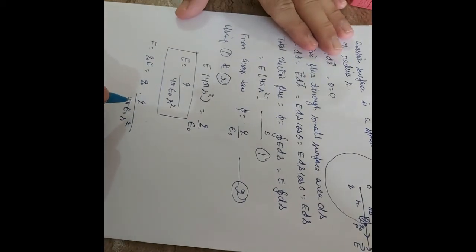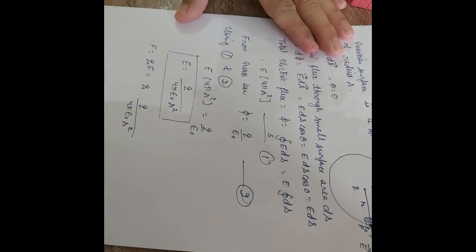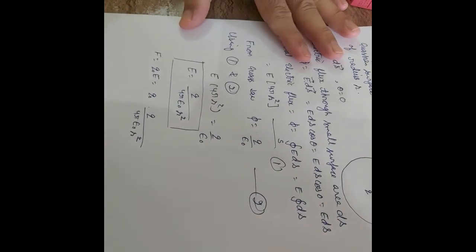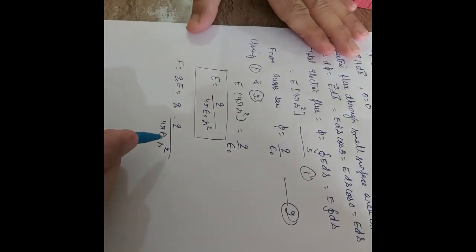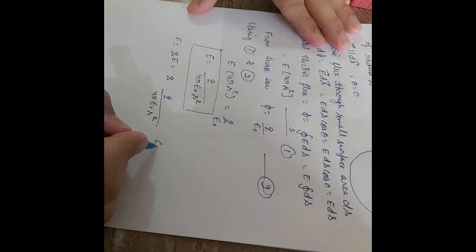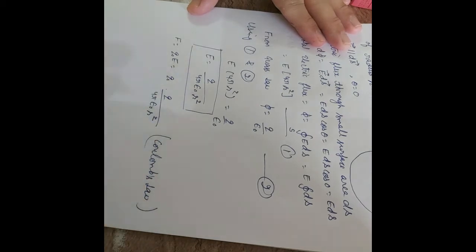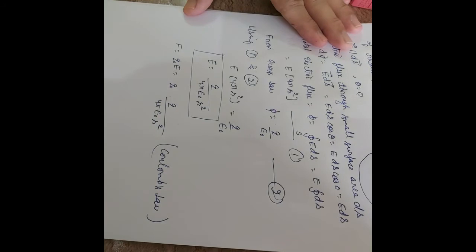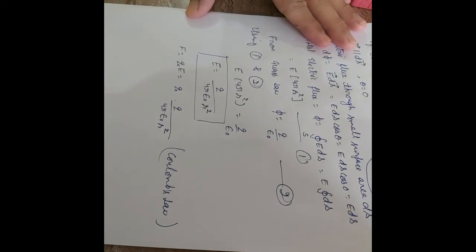So this F equals Q naught Q by 4 pi epsilon naught r square. This is the expression of electrostatic force, and we know that it is Coulomb's law. So in this way we can derive Coulomb's law from the Gauss law.